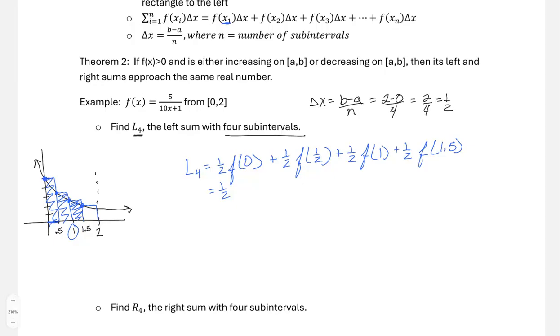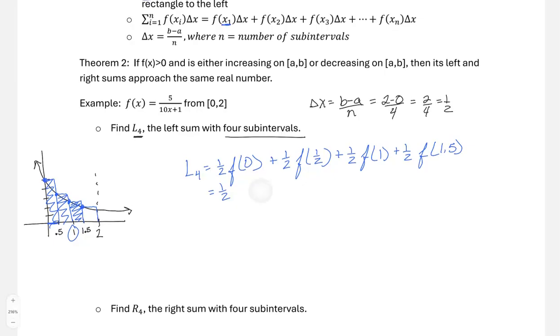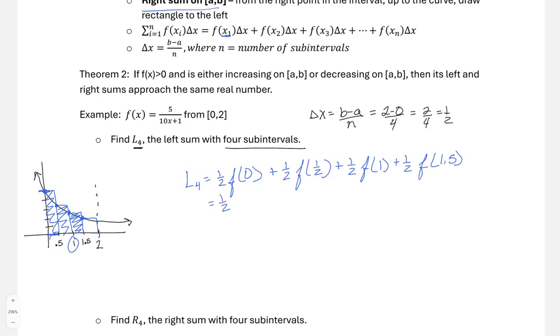So now we're going to plug those numbers into the function to figure out what that height is here, here, here, and here. So if I plug 0 in, I'm going to get a 5. If I plug in 0.5 here, I'm just going to do this in my calculator. 5 divided by 10 times 0.5 plus 1. I'm going to get a decimal, about 0.83333. I'm going to use 4 decimal places so I get a really good final answer.